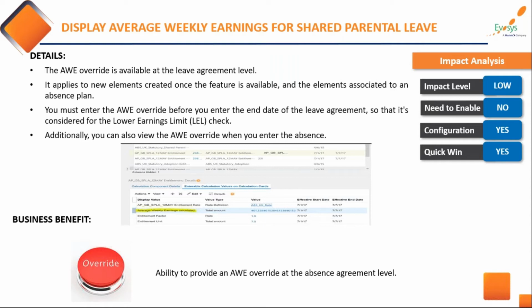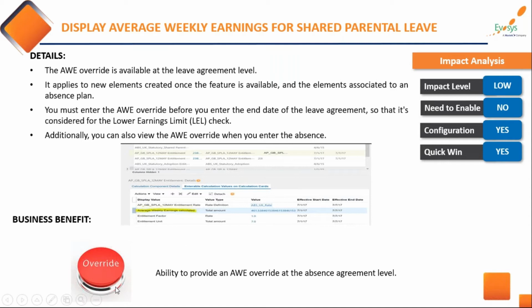This feature would be applicable only for new elements that are created after the feature is available, which means after the 20D upgrade is done and you create new elements for shared parental leave, you would be able to override the average weekly earnings at the leave agreement level.